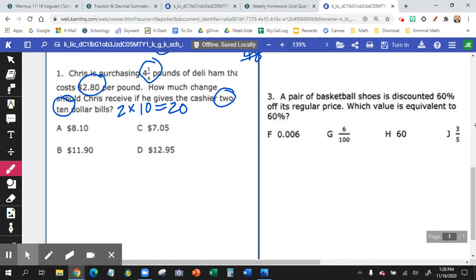So we have 4 1/4, and we need to find the total amount, and anytime we see "of," that means multiply 4 1/4 of 2.8. So we have 4 point something. 1/4 is equal to 25 hundredths, and then we're multiplying by $2.80.